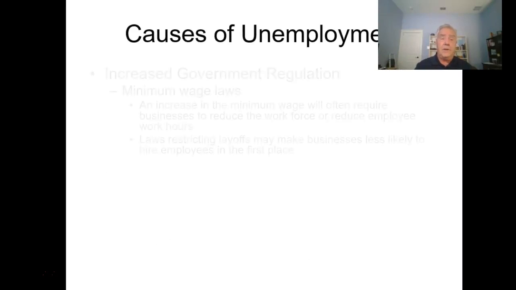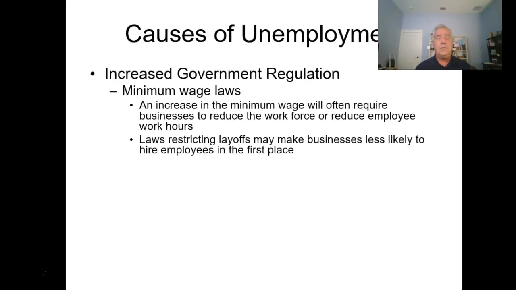Okay, causes of unemployment. Increased government regulation. Talked about it already. The minimum wage. Governments can do good things and they can do bad things. Very often they'll do something with the right intention, but they'll fail to recognize potential unintended consequences. We've already talked about that.